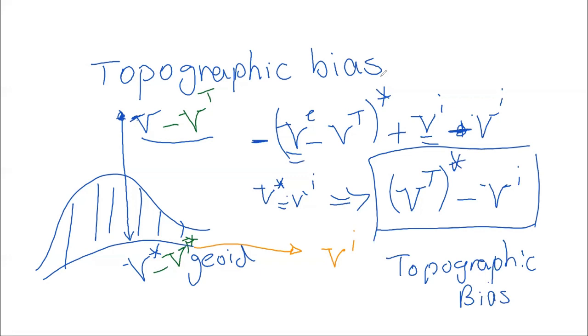So we can compute this topographic bias and remove it from the computed geoid. How do we do that?